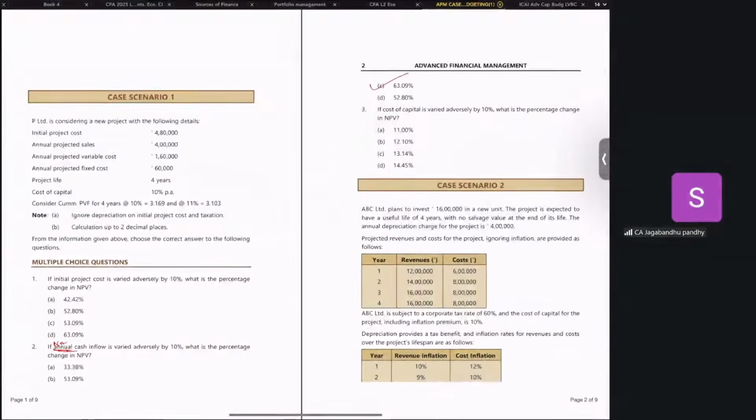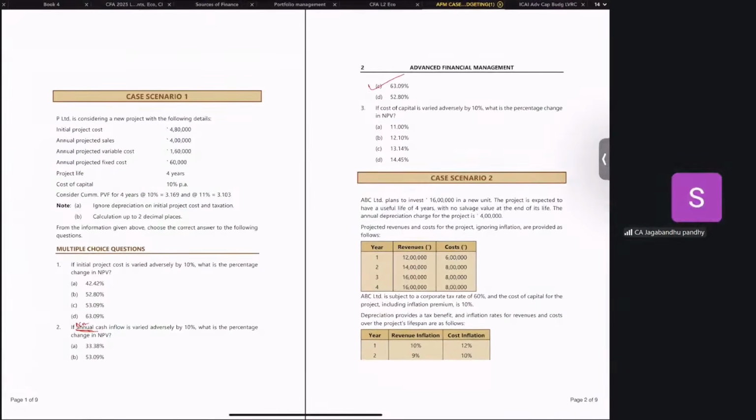Okay. Have you done the third one? Yes, sir. But I have one doubt on this. On the second question, if annual cash inflow, they are talking only about the cash inflow, which means only sales revenue. No, because sales revenue is not the only cash flow, right? The net annual cash flow should have been the wording accurately.